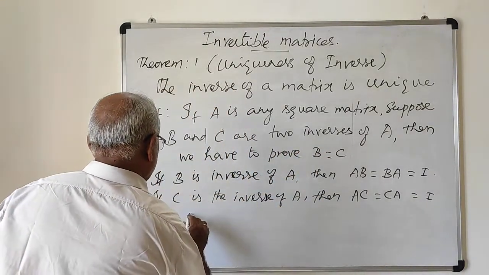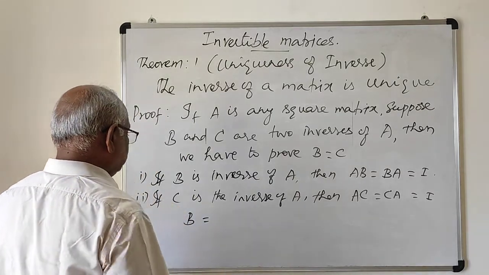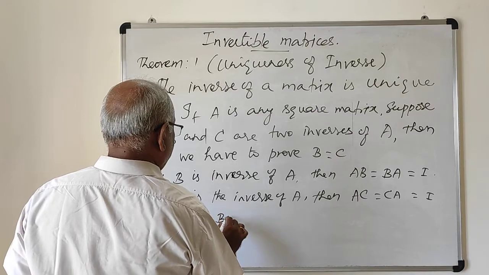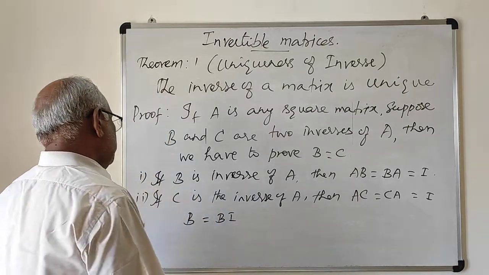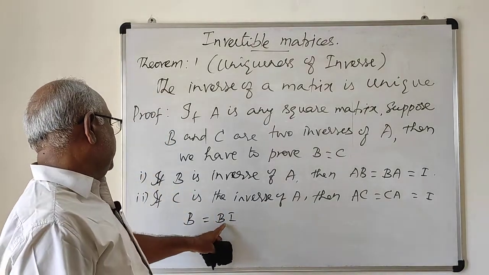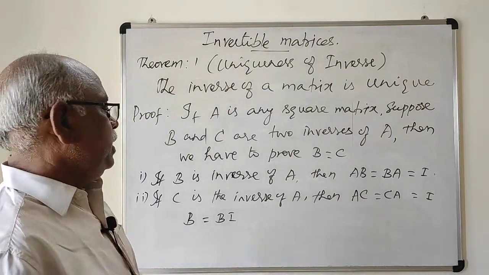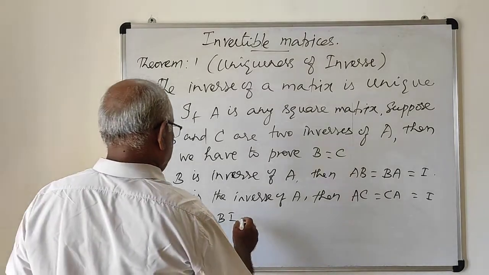B equals BI, because any matrix multiplied by the identity matrix is B itself.